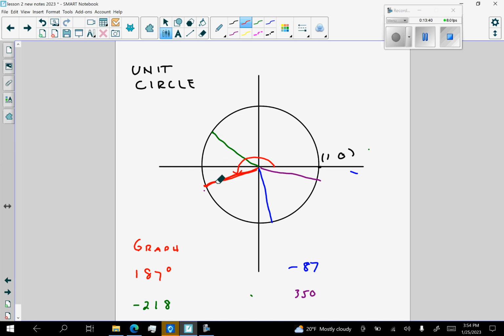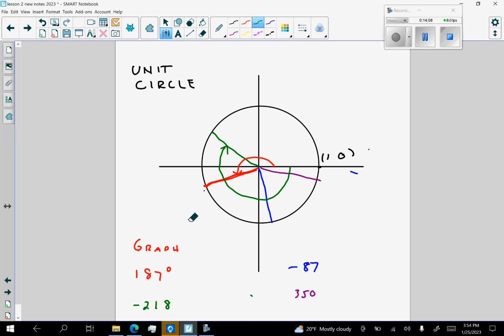So that would be a good sketch of 187 degrees. What about negative 218? Well, you're going clockwise. This is negative 180. This would be about negative 218.